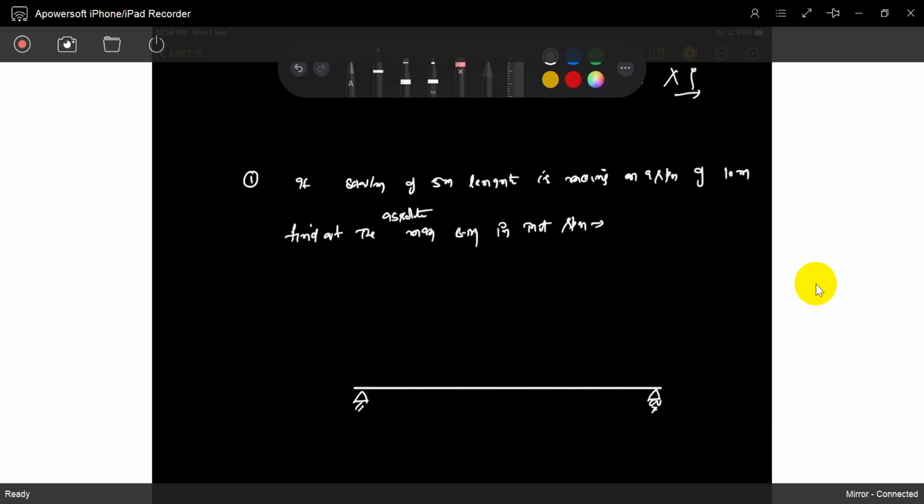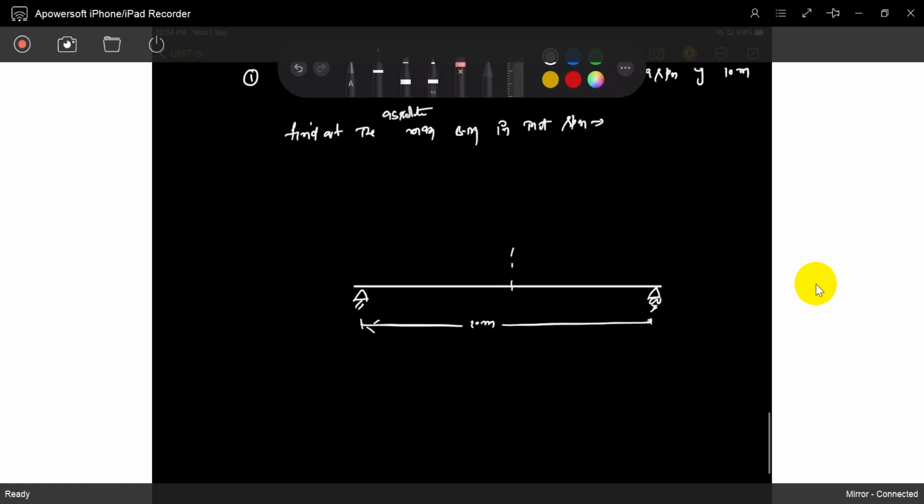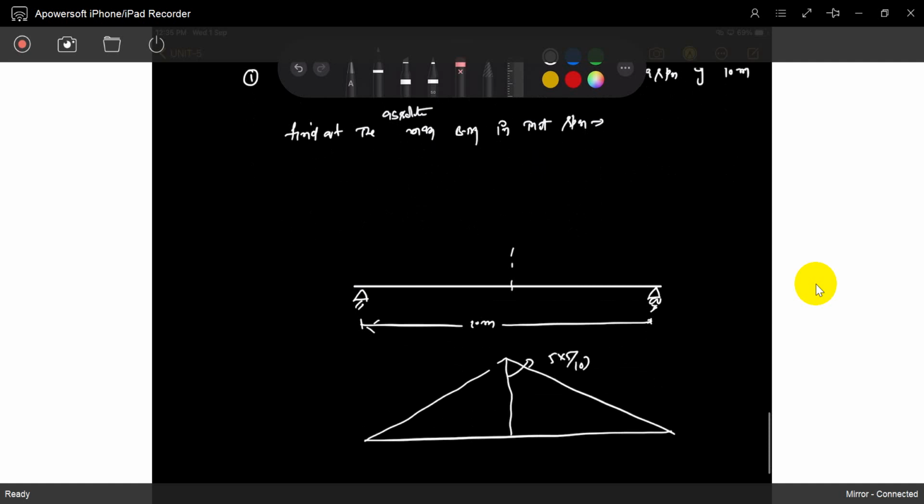It's a 10 meter span. Mostly we will get the maximum bending moment at mid-span. This is very simple compared with the previous one.